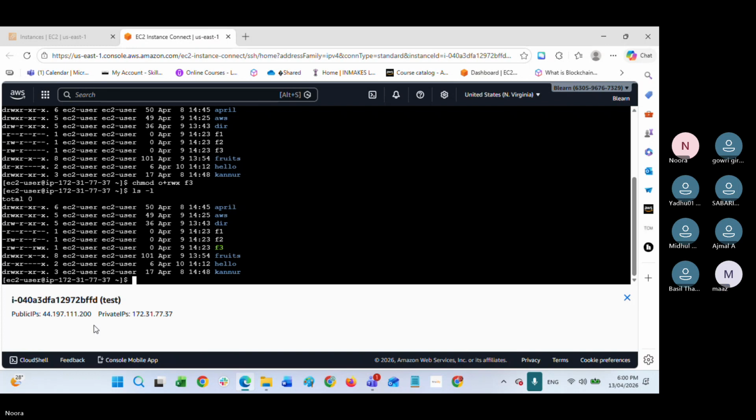Add write in users. Of which file? Can you tell me the file first? Fruits. Okay, fruits. You want to add what? Write in users. But in fruits, write is already there, no?